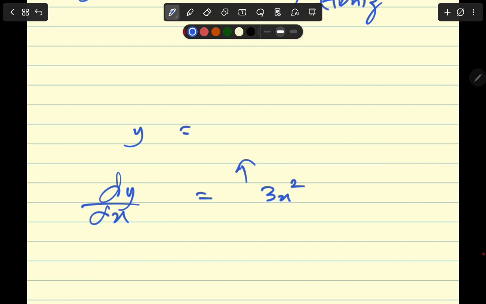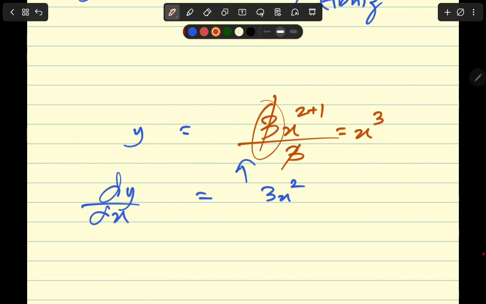Of course you can. We reduced the power, so let's increase the power by 1, and we multiplied by 3, the original power, so now let's divide by the new power. We just reverse the entire process and we will come to x cube.